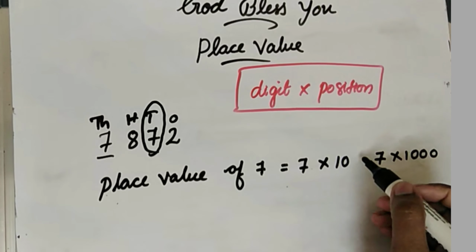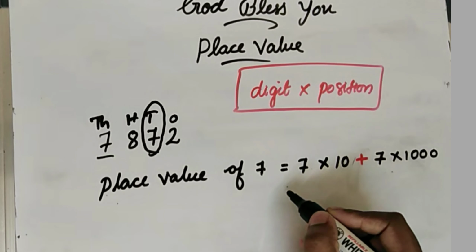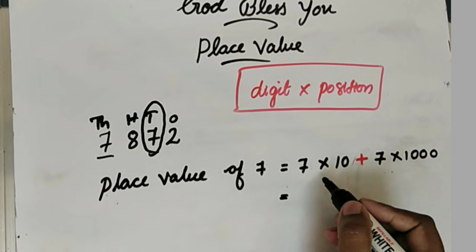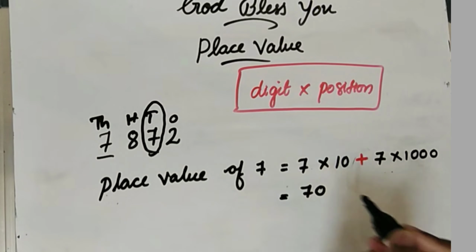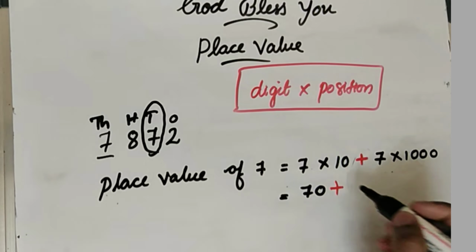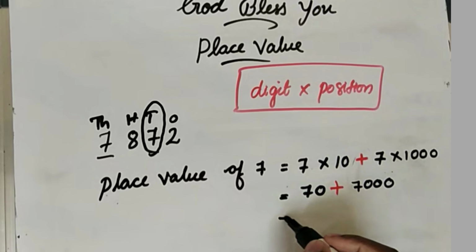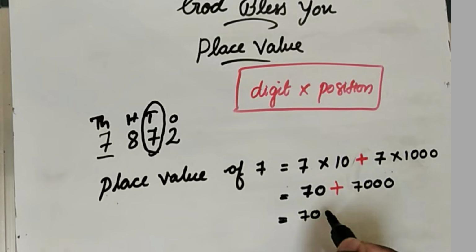Then we need to add it together. What is the answer? 7 into 10 is equal to 70. Then 70 plus 7 into 1000 is equal to 7000, which gives the final answer 7070.